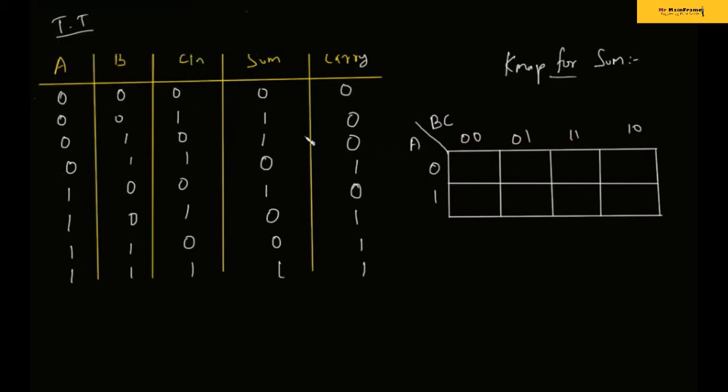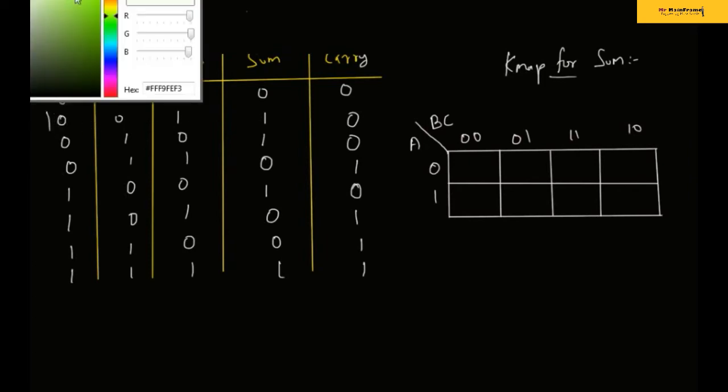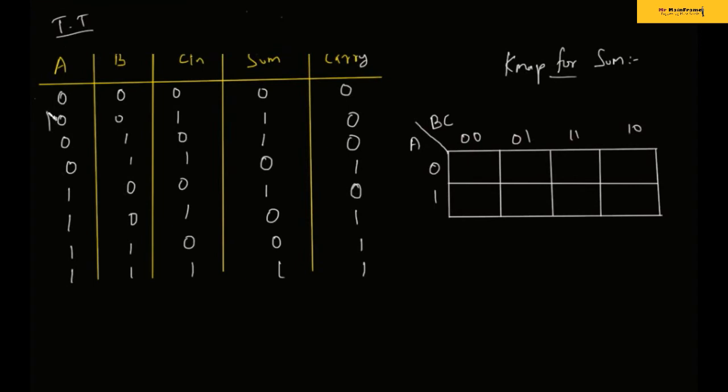Since we are drawing the K-map for sum, just go for the places where the sum is equal to 1, where the sum is getting high values. These 2 points you can see sum is getting high values, and below there is a point where sum is getting high value, and there is the last one where the sum is getting high value.